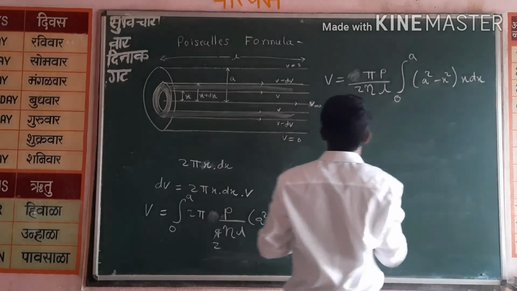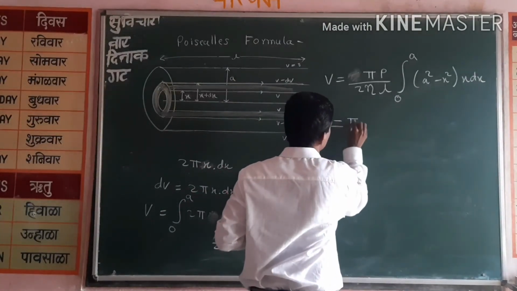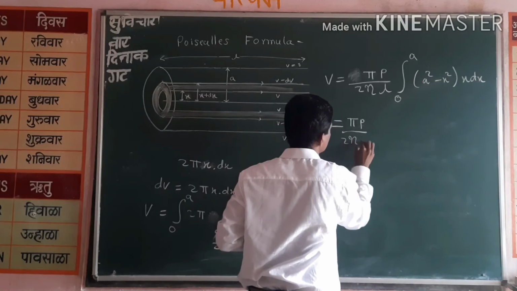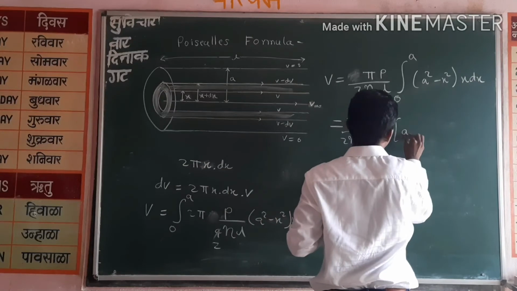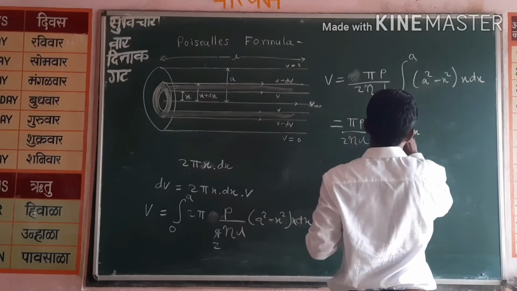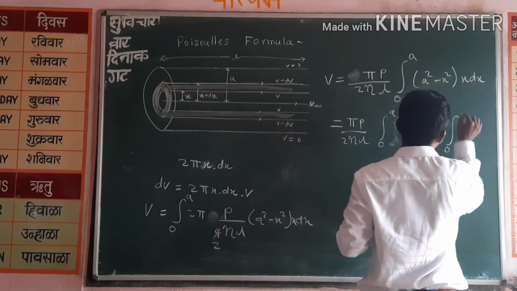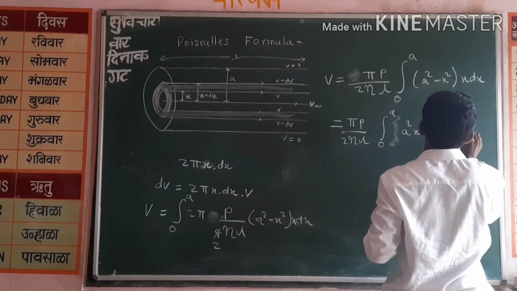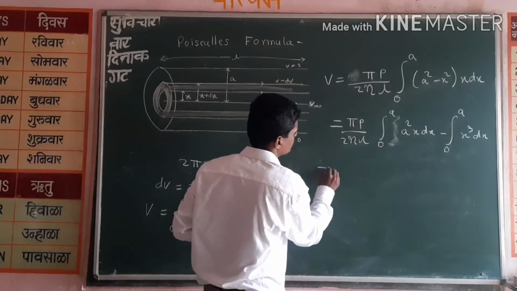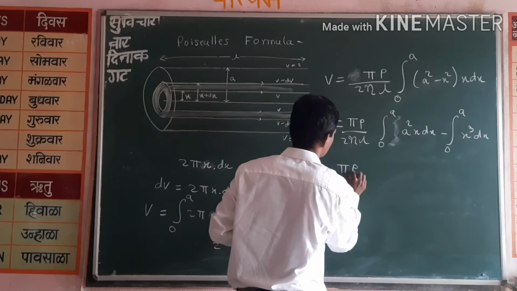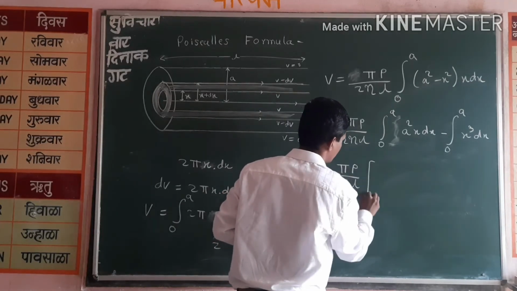Now we will solve this integration. Constants as they are, taking separate integrations: a² x dx minus the integration over 0 to a of x³ dx. Here πp / 2ηL, I will write it directly.